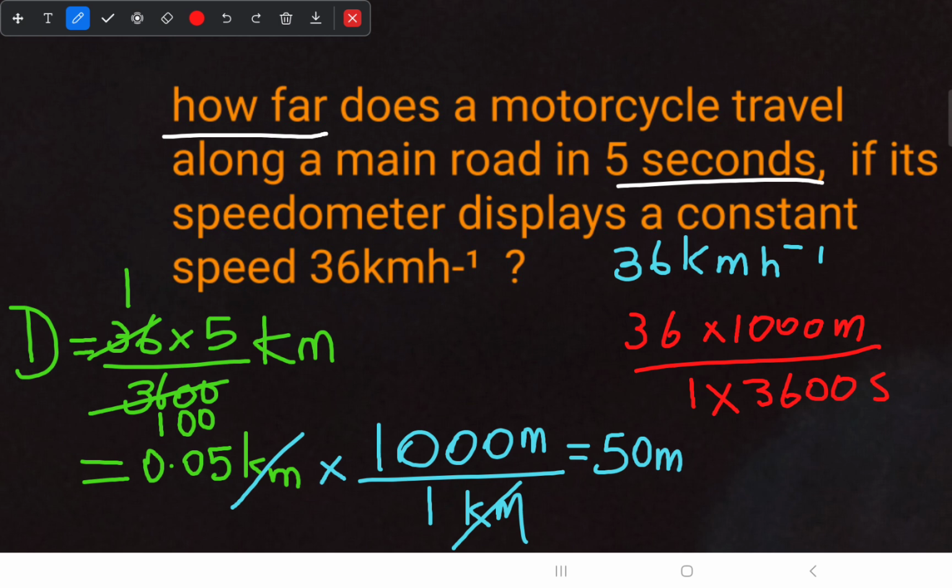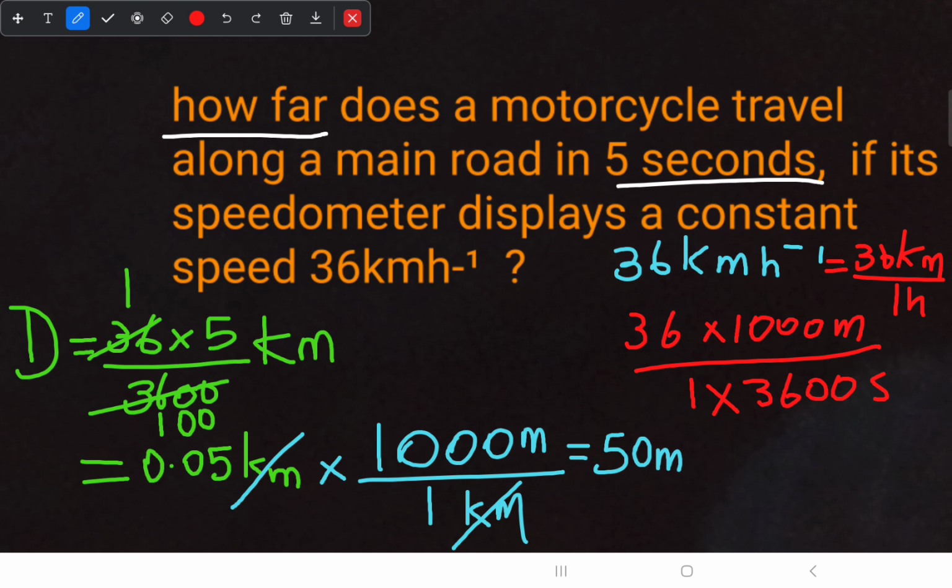I'll repeat it once more. 36 kilometer upon 1 hour. We are going to convert our kilometer per hour to meter per second. So, kilometer to meter, you multiply by 1000. And hour to second, in 1 hour there are 3600 seconds.